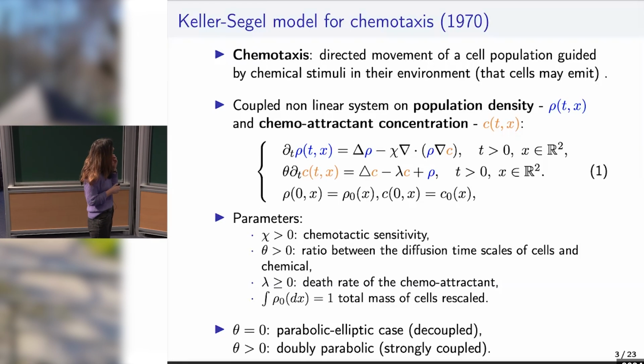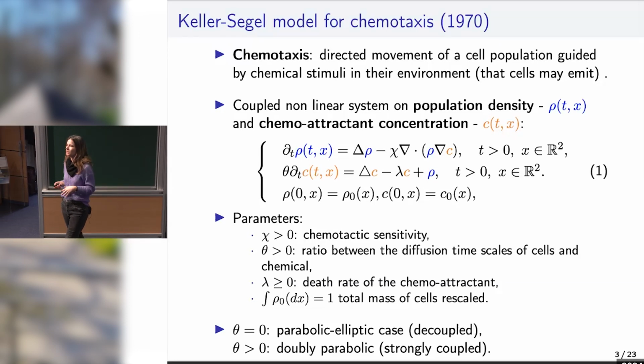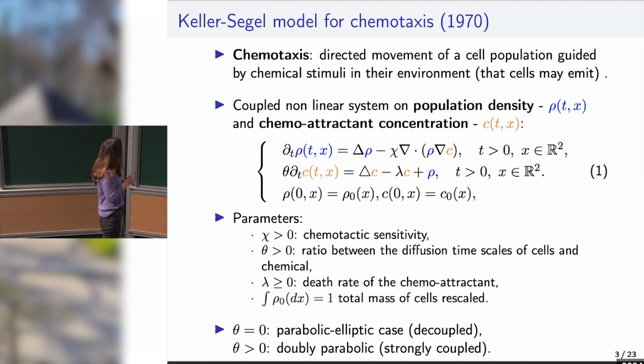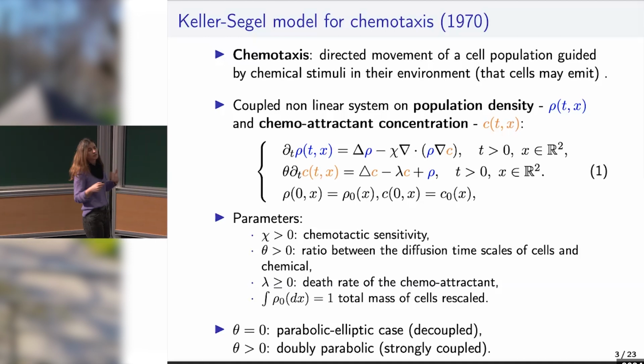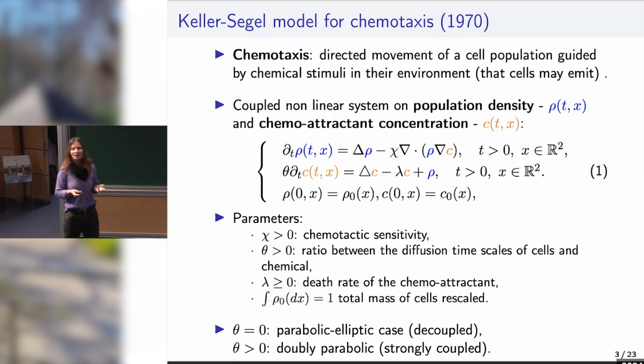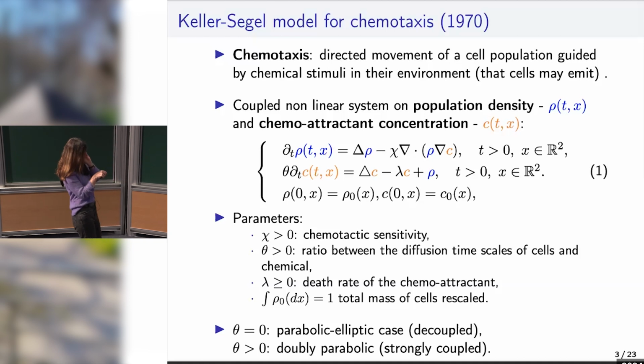What's important is that the first equation is a Fokker-Planck equation, which preserves mass. There is no birth and death of your cells at this point. So the mass is constant, and for us, the mass is going to be rescaled to 1, because we work with probabilities.